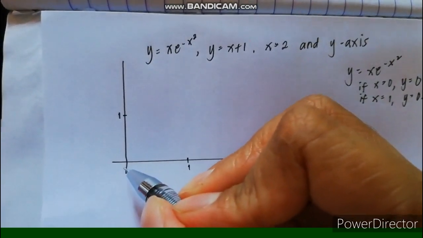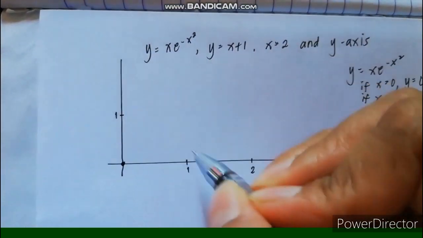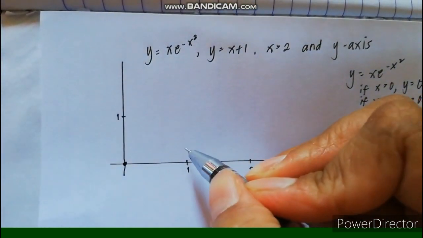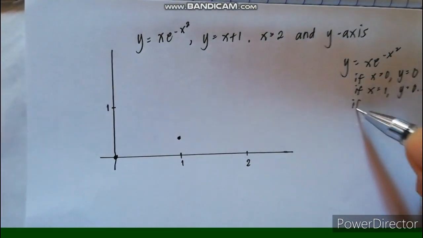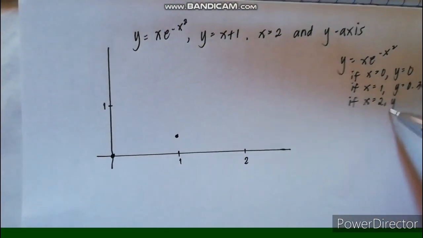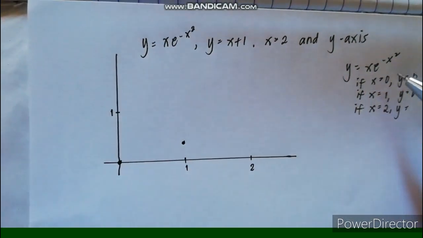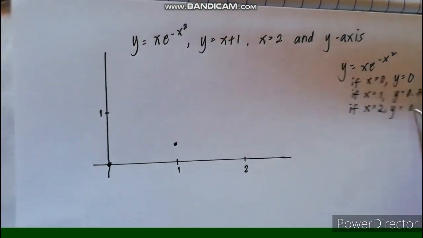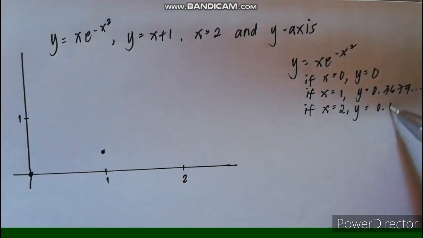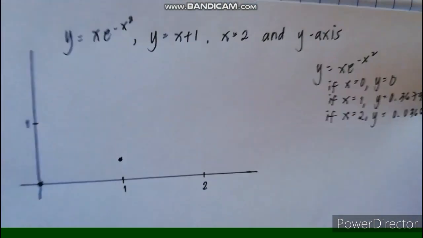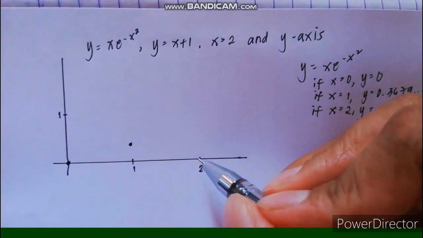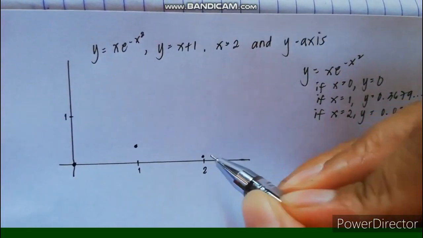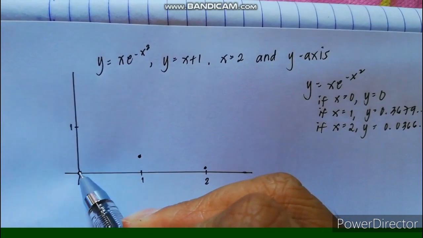Now if we try to graph that, the point (1, 0.3679) is somewhere here. Then if x is equal to 2, y is equal to 2e raised to negative 2 squared, or 2e raised to negative 4, that is 0.0366, and so on and so forth. Then on our graph, it must be somewhere here. Then let's just connect the points.